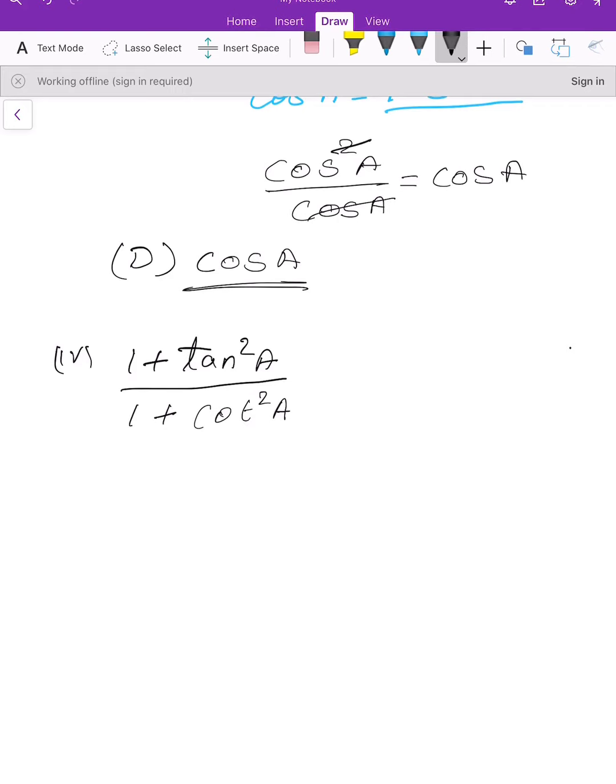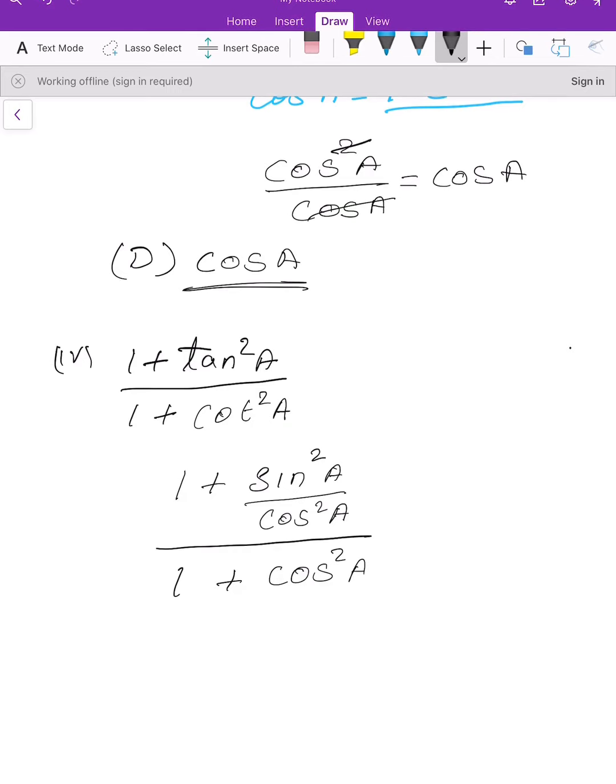So it will be 1 plus tan, which is sine by cos, so tan square is sine square A by cos square A, divided by 1 plus cot, which is cos by sine, so it is cos square A by sine square A.